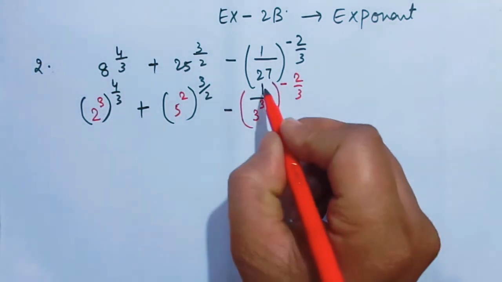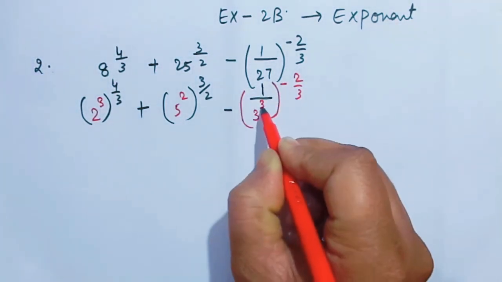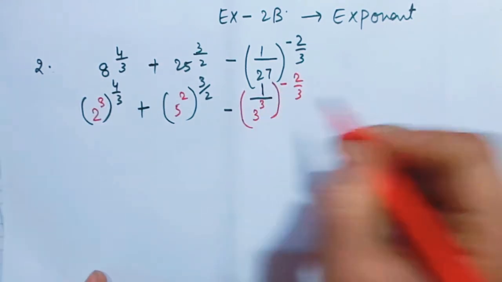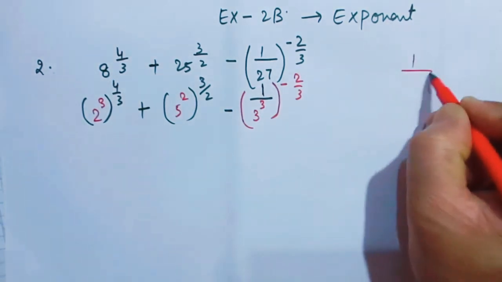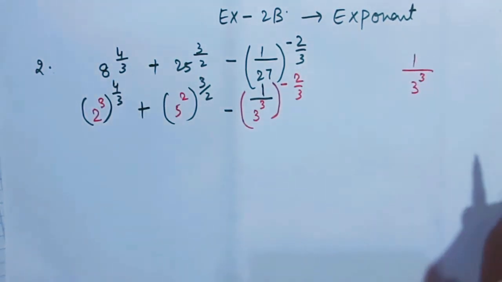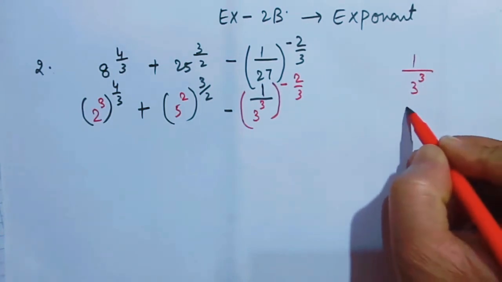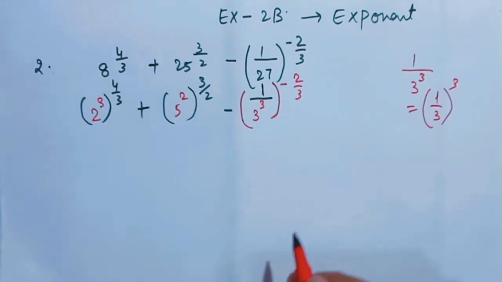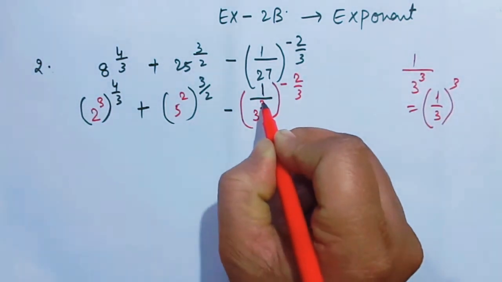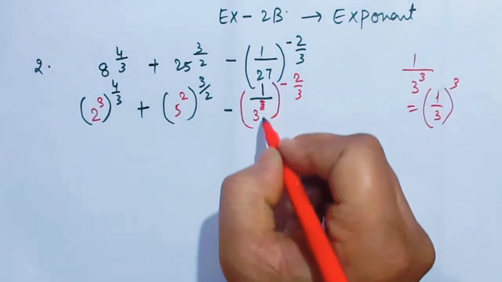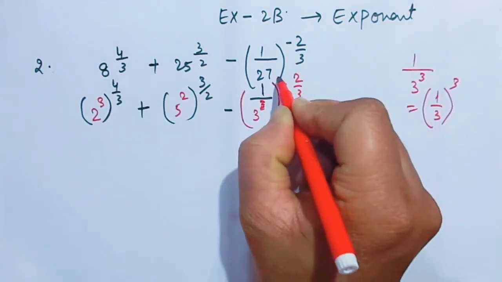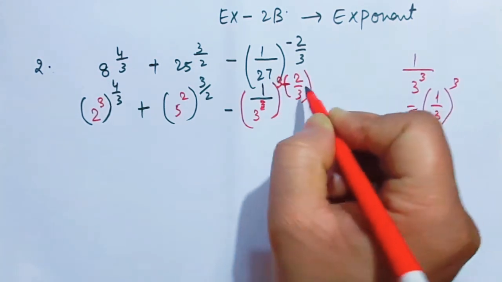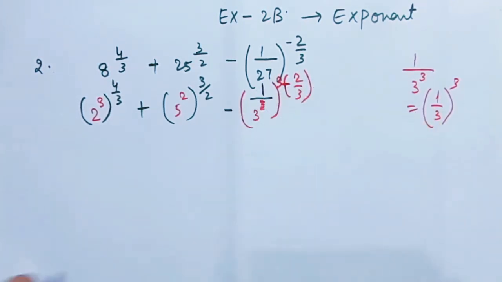This 1 by 3 to the power cube can also be written as 1 by 3 whole to the power 3. So instead of this, I shall be writing 1 by 3 whole to the power 3. This minus 2 by 3 was the multiple form given over here.